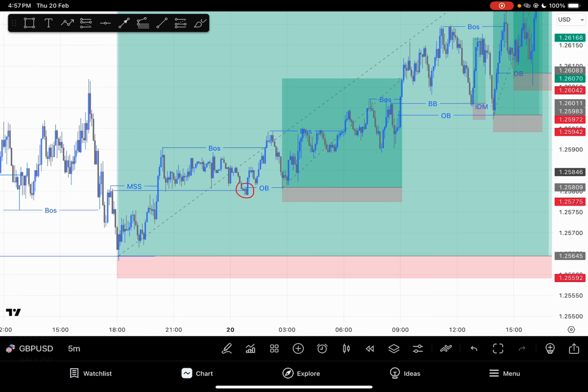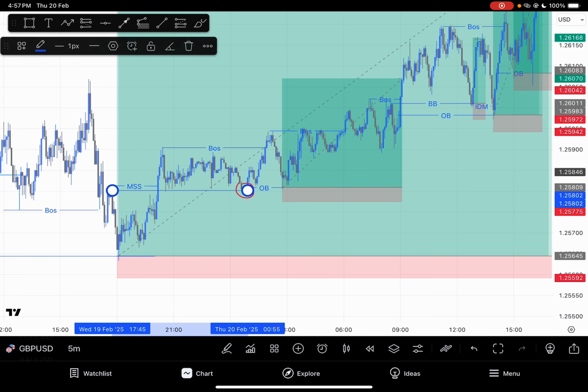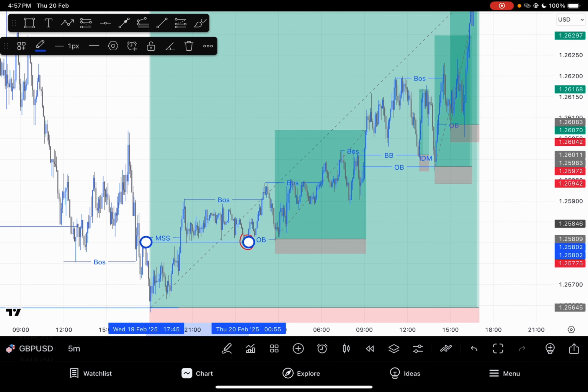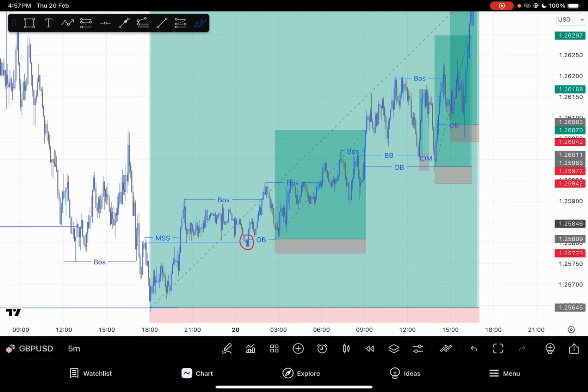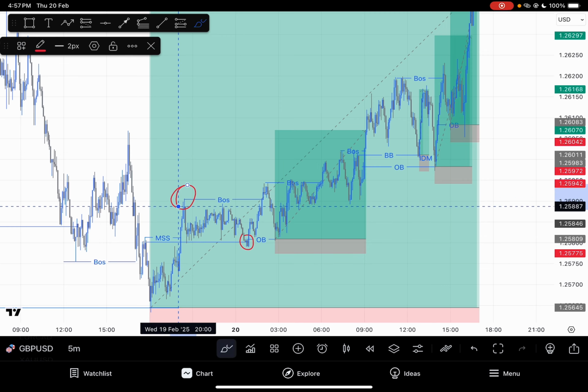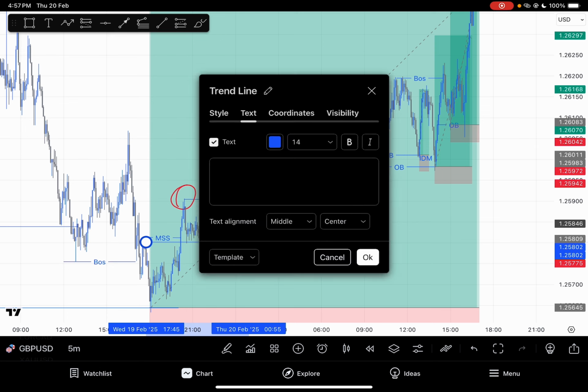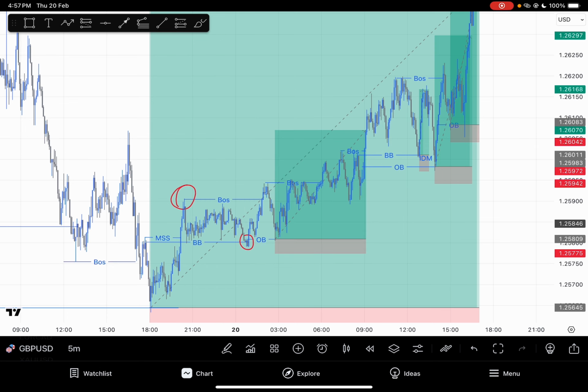After price pushes to the upside, what you have to wait for is a break of structure, meaning price has to break the previous high, which is this previous high. After price tapped on the breaker block, you see it push to the upside to take out the previous high.